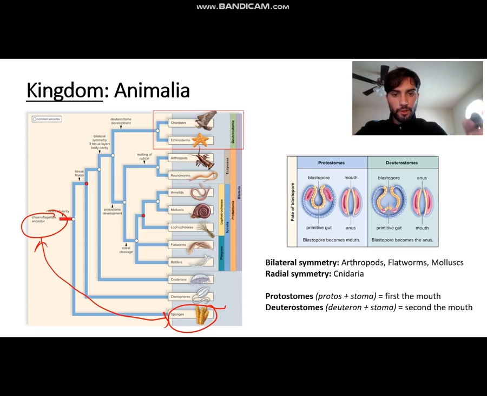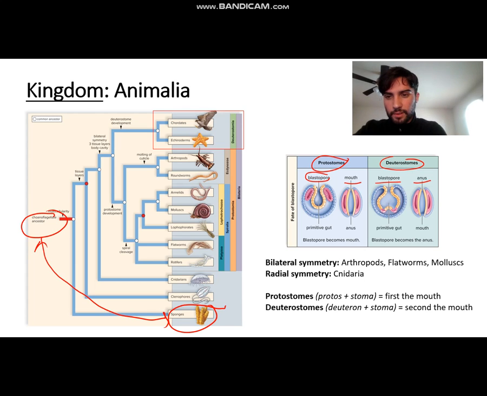And a few important things to remember. In protostomes, the blastopore will develop into the mouth, and in the deuterostomes, the blastopore will develop into the anus. So let's take a look at that.